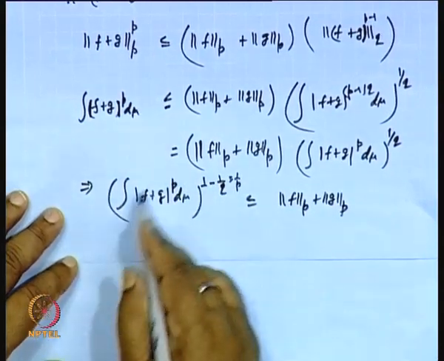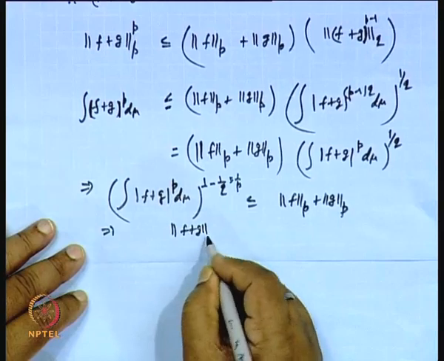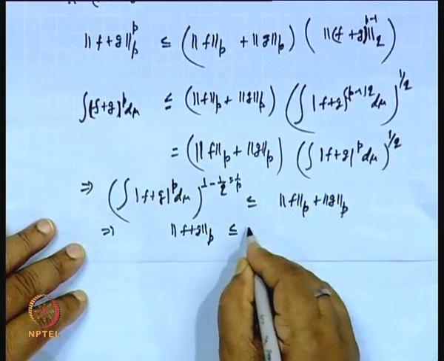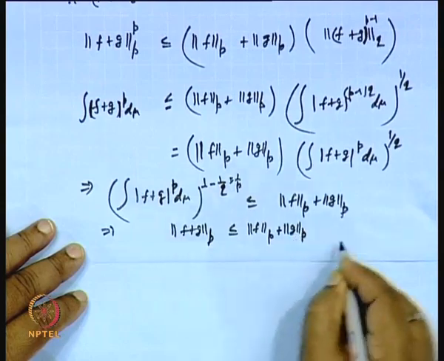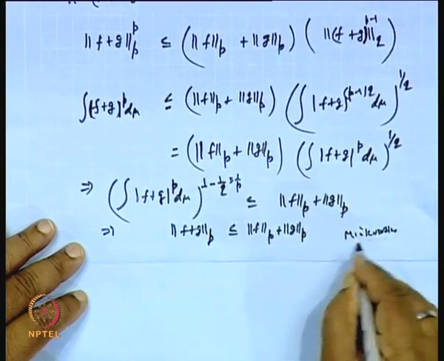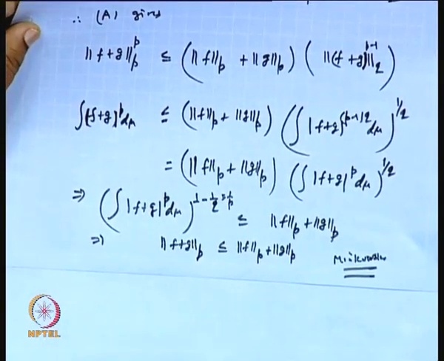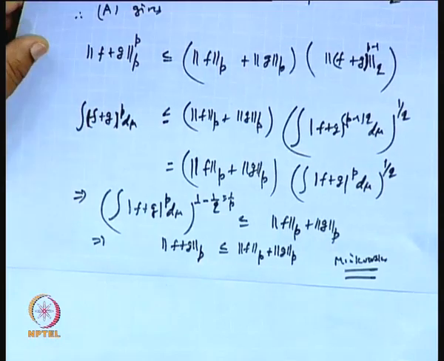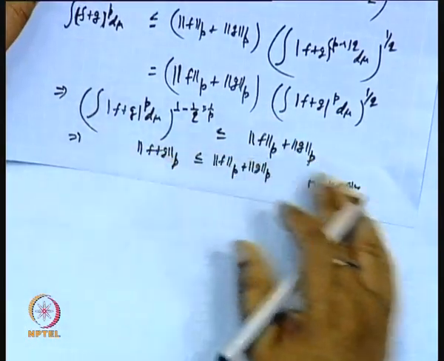So, basically this is the norm of f plus g in L^p, which is less than or equal to norm f p plus norm g p, which is the Minkowski inequality. Okay. So, this completes the proof of the Minkowski inequality. Then again, the equality holds when p is 1 and otherwise that part, so that can be seen.